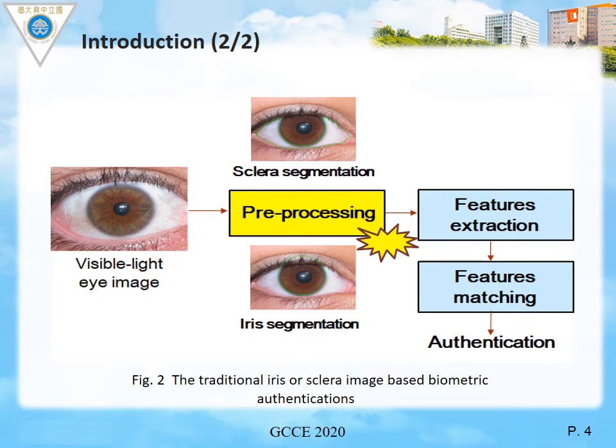In this slide, Figure 2 shows the traditional iris or sclera image-based biometric authentications. We can see that by using the traditional method, the input eye image is required to go through pre-processing for sclera segmentation or iris segmentation.